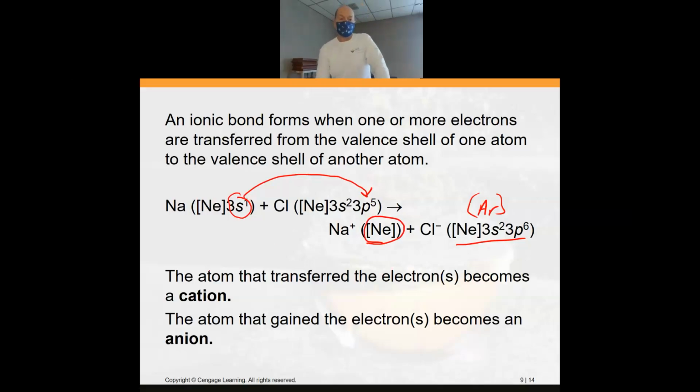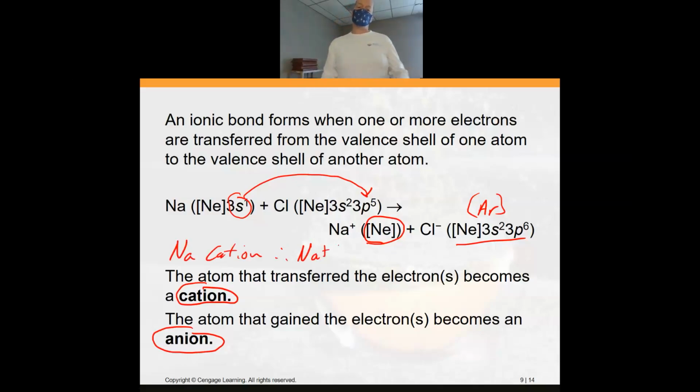All right, you need to know terminology. If you're a plus charge, you're called a cation. If you're a negative charge, you're called an anion. You would say a sodium ion, and that is fine. Sodium is always +1. A better name would be a sodium cation, Na+.